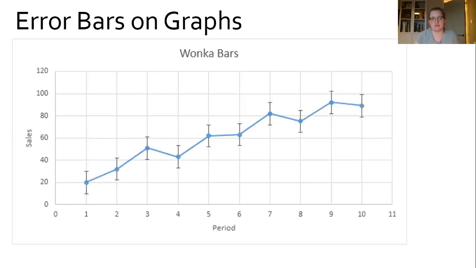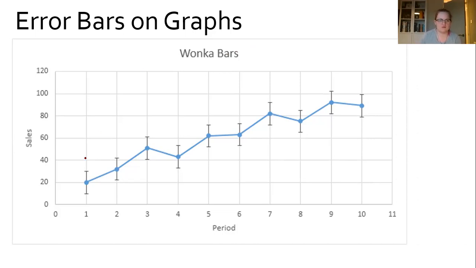Another way we can show uncertainty is error bars on graphs. These may be something that you've seen before. This is a really silly example to demonstrate it, but someone's got sales of Wonka bars from Charlie and the Chocolate Factory during different periods of the year. The size of the error is proportional to the error bar size.